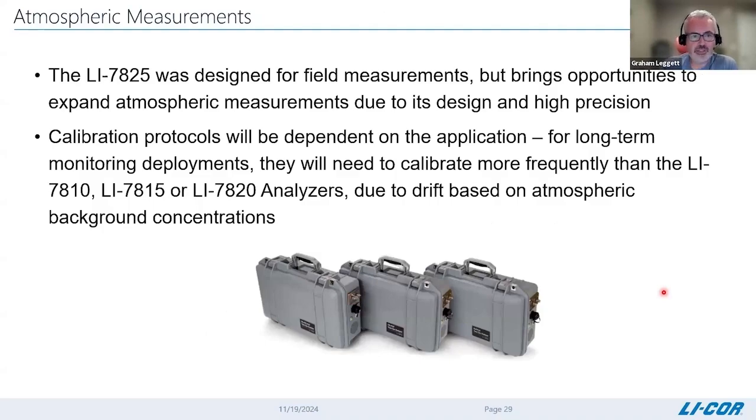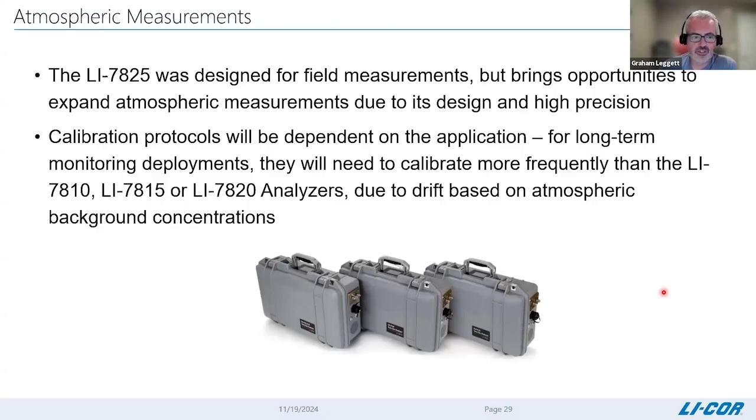Let's look now at atmospheric measurements. Obviously, the instrument was designed for portable use, but because of its performance, it does bring opportunities to expand into laboratory atmospheric measurements due to its design and high precision. I should stress that across all applications, calibration protocols depend on the demands of the application.